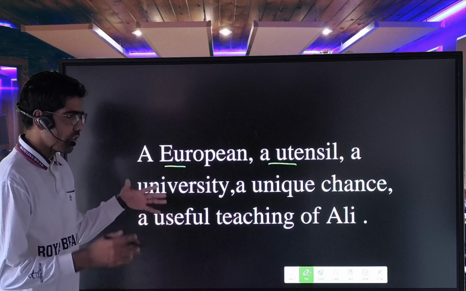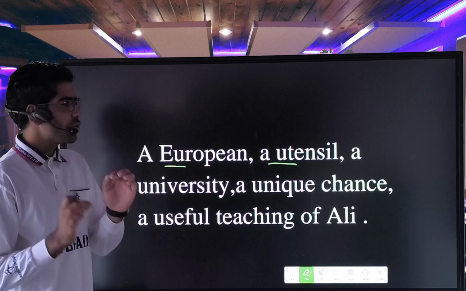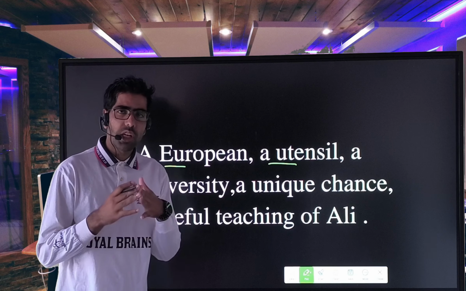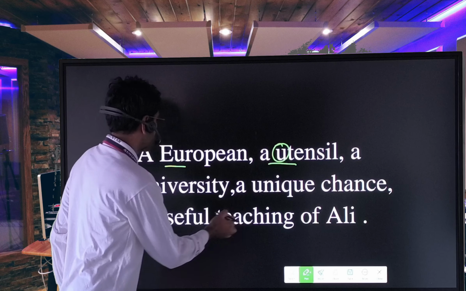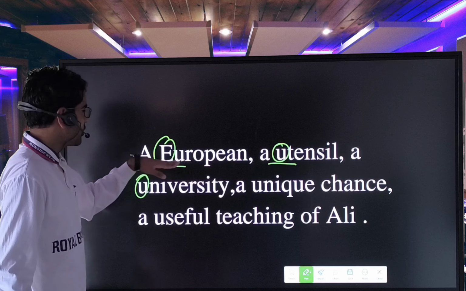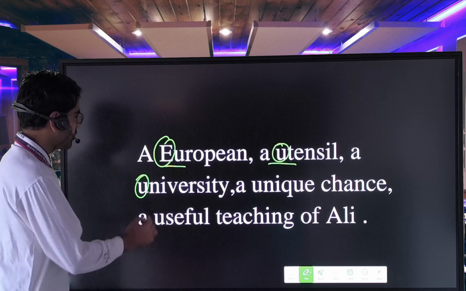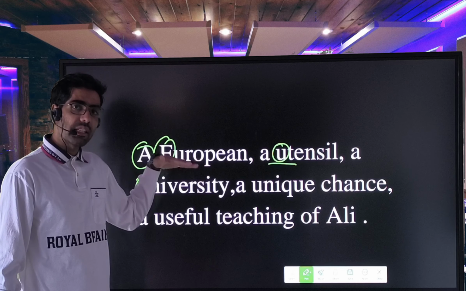Why is this rule important? Actually, you have been taught wrongly that whenever there comes any vowel letter, before the vowel letter we have to use article an. No, here is e, here's the vowel letter, but we are not going to use article an here. We have to use article a, because this word produces a consonant sound.